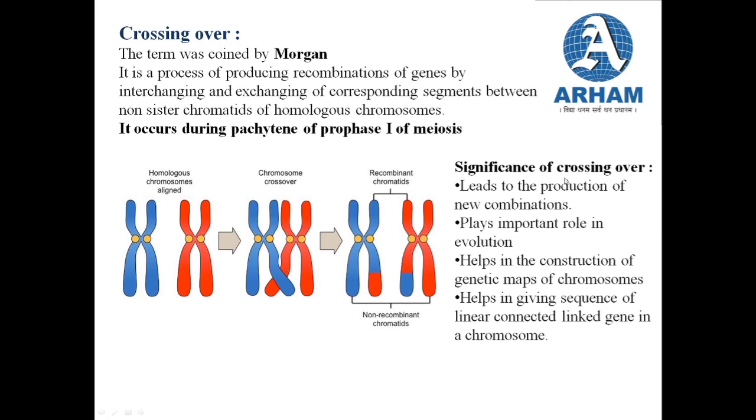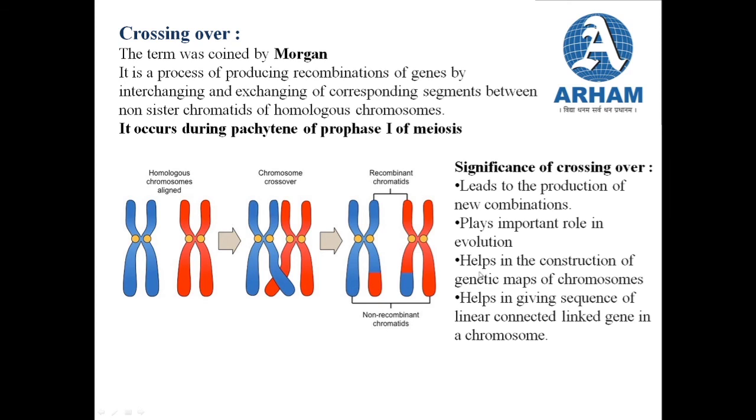Now let us see the significance of this crossing over. The first significance is that it leads to the production of new combinations of genes, and it provides the basis of obtaining new varieties in plants and animals. The second is that it plays an important role in the process of evolution, as new combinations take place.